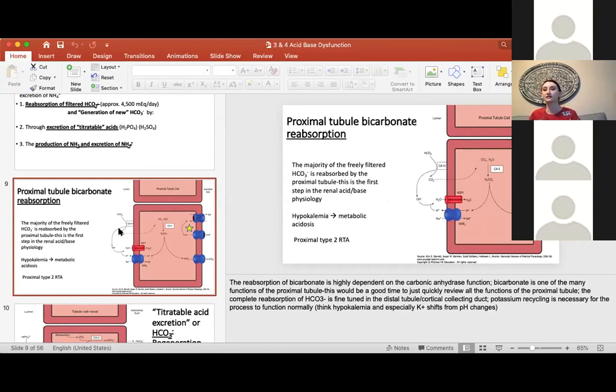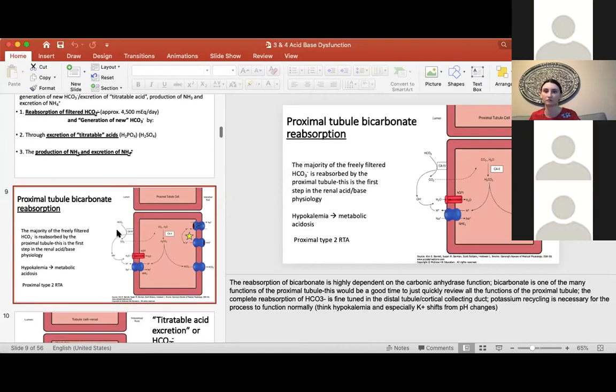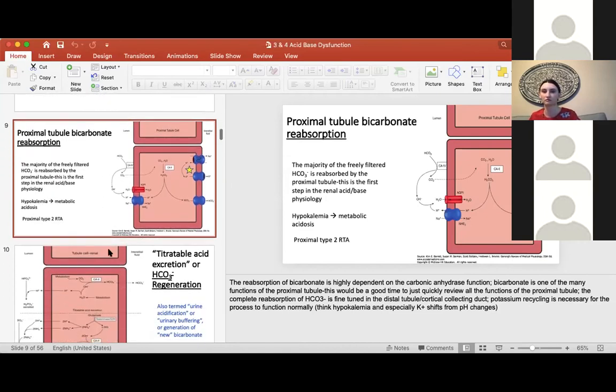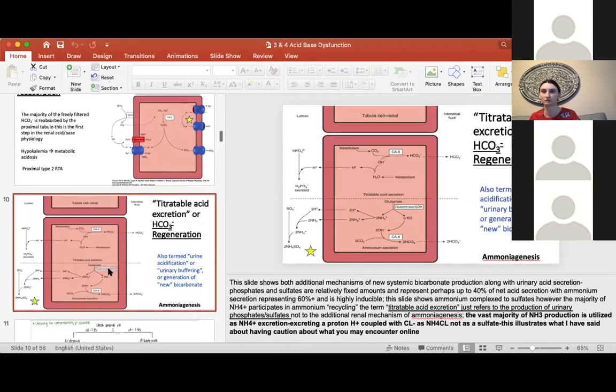Bicarb reabsorption is dependent on carbonic anhydrase, and it's one of the many things that happens in the proximal tubule. Titratable acid excretion or bicarb regeneration, which is urine acidification or urinary buffering, is the generation of new bicarb.